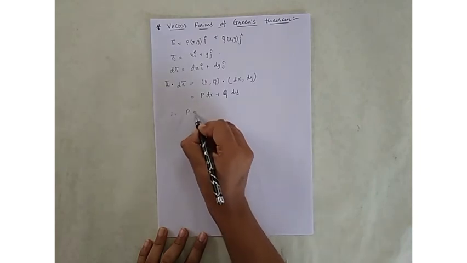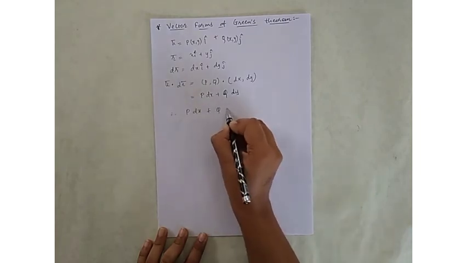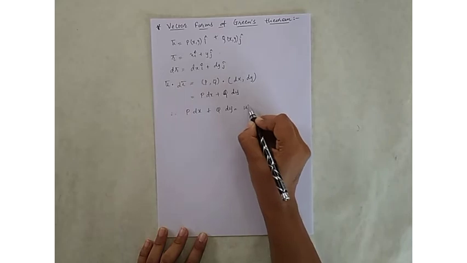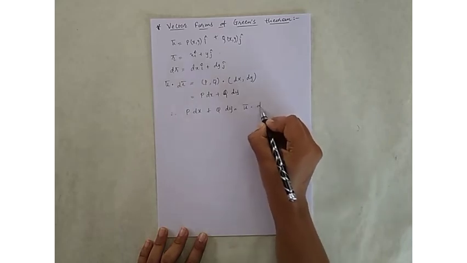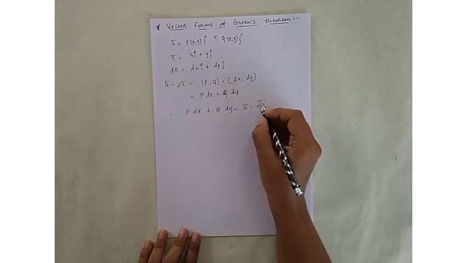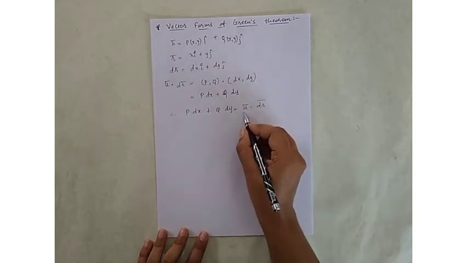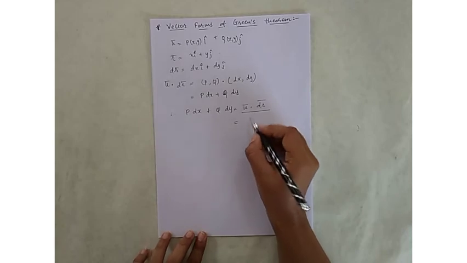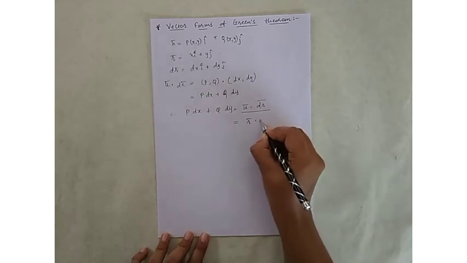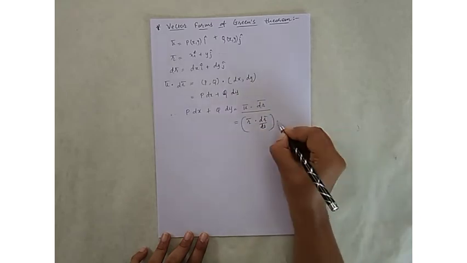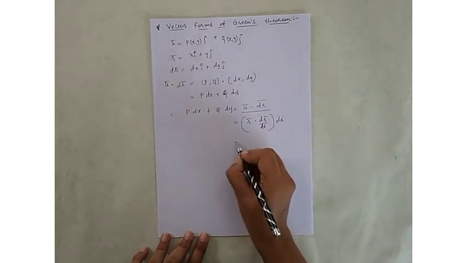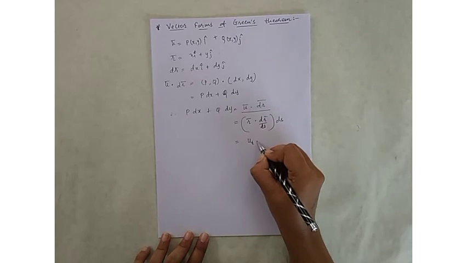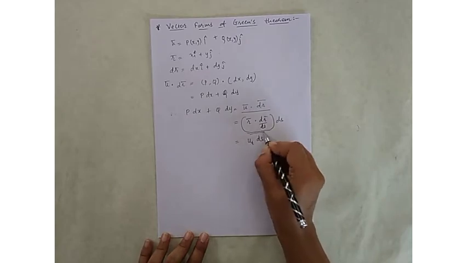Therefore p dx plus q dy is equal to the dot product of u and dr bar. This dot product I can write as u dot dr by ds times ds. So this is generalized as ut ds, this ut.